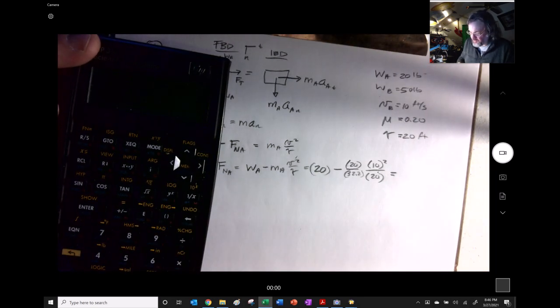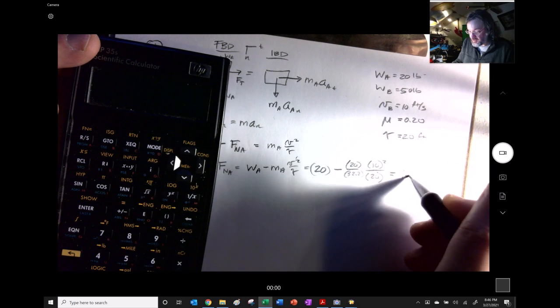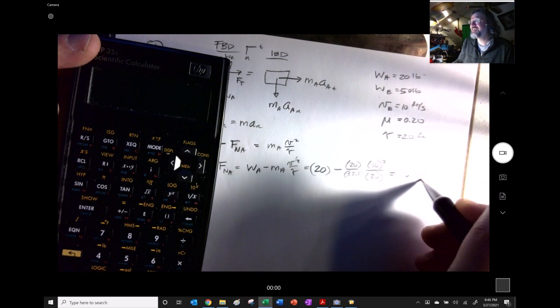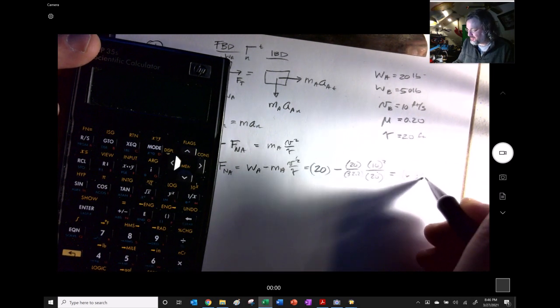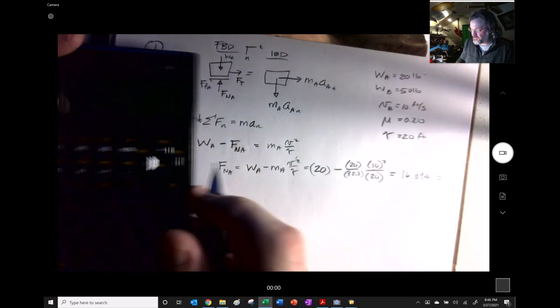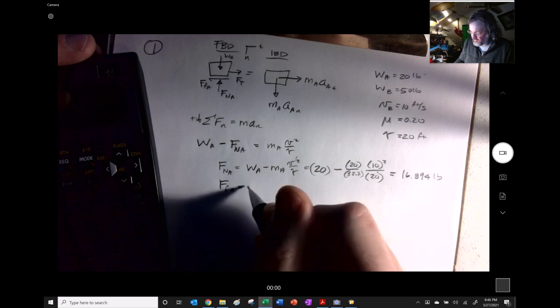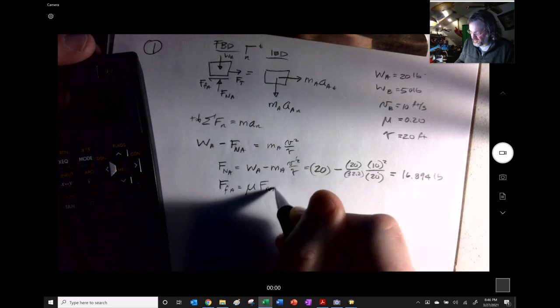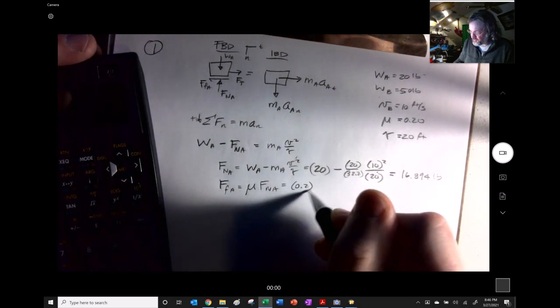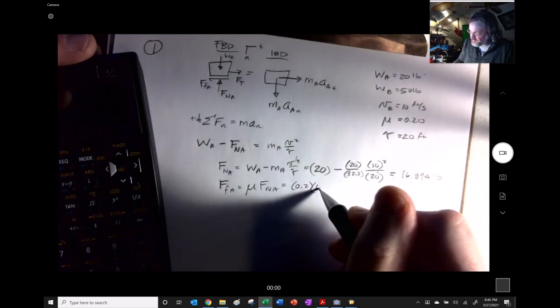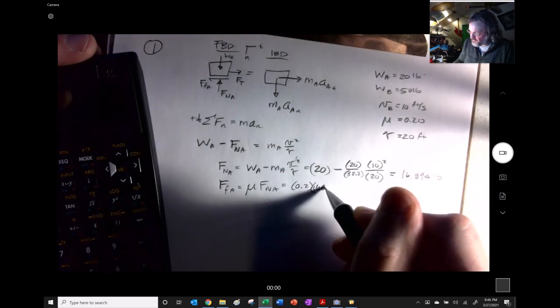Subtract that from 20, and I get 16.89. Just want to double check. Yeah, 16.89 pounds. And then if I want to get the friction of A, we take mu times Fn A, and I get 0.2 times my 16.894.